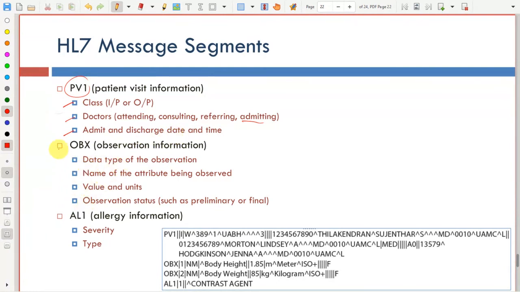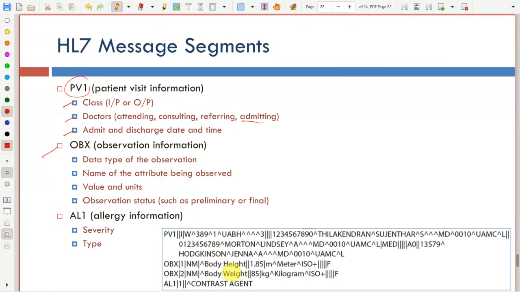Sometimes you have something called OBX, observation information. It depends on the kind of information. You might have the data type: you define the data type of the observation and the attribute that you are measuring.